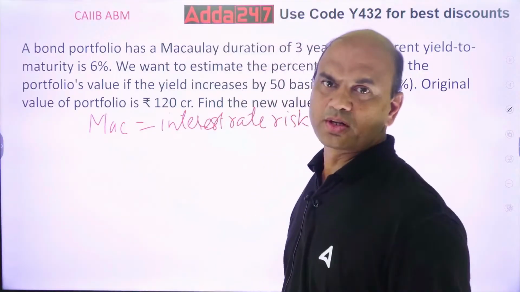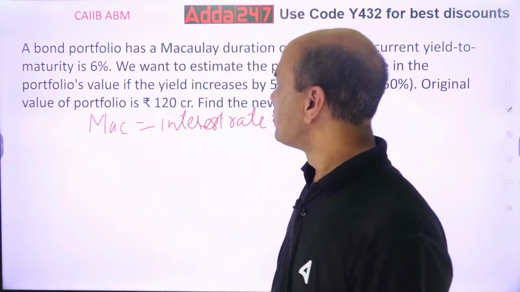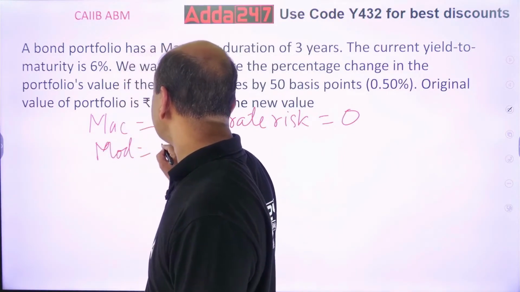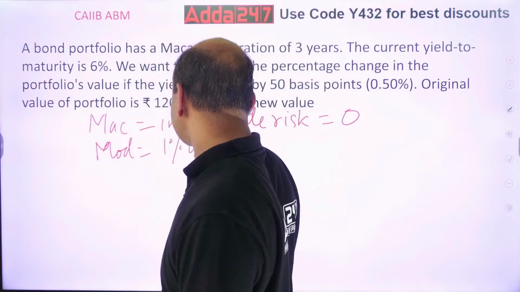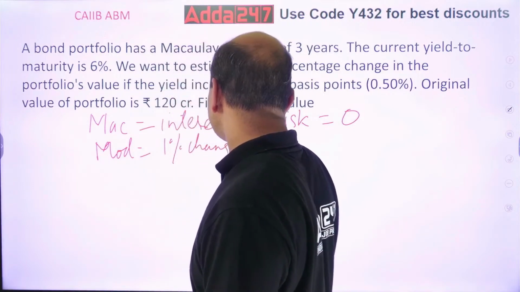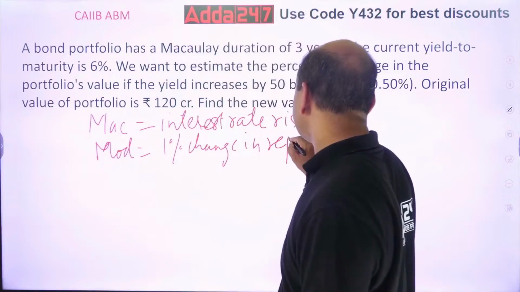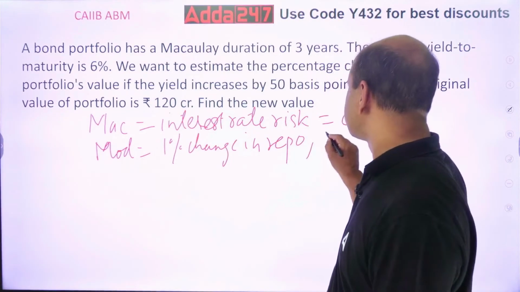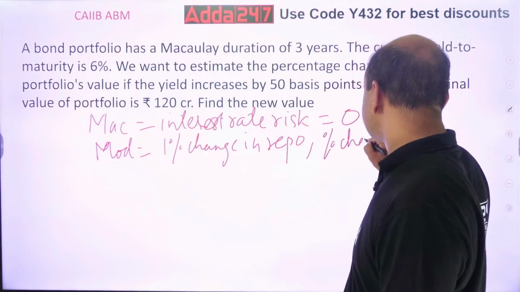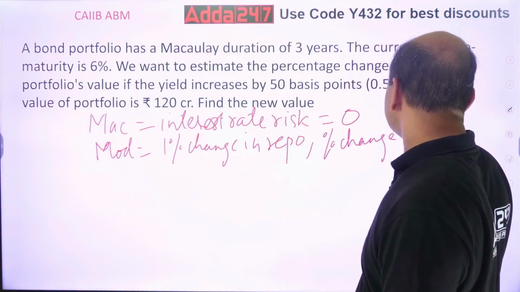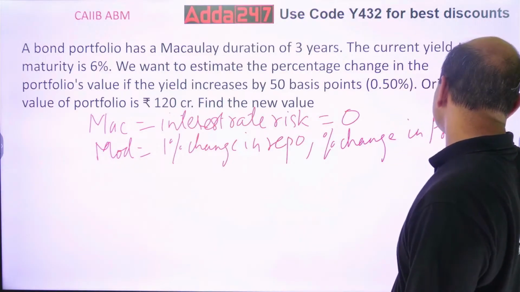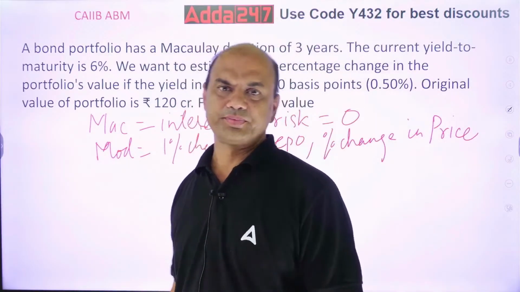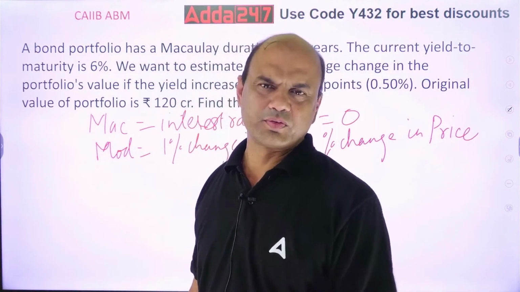During that tenure, modified is for a 1% change in repo, or any benchmark, the percentage change in price of the bond. This is known as modified duration. Price of the bond or the portfolio, whatever it is.